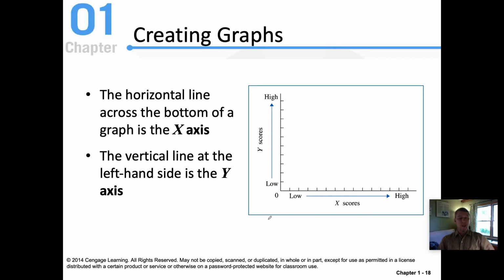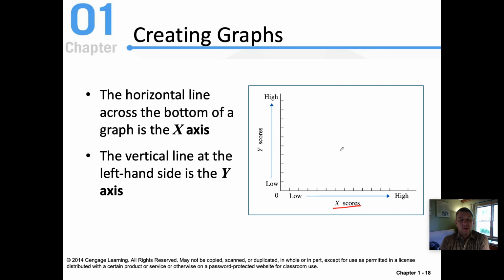Now, another way that we can analyze statistics is by using graphs. And it's important to know a couple of things about graphs. First, when you graph a set of data, the scores along the horizontal axis are referred to as the X scores.